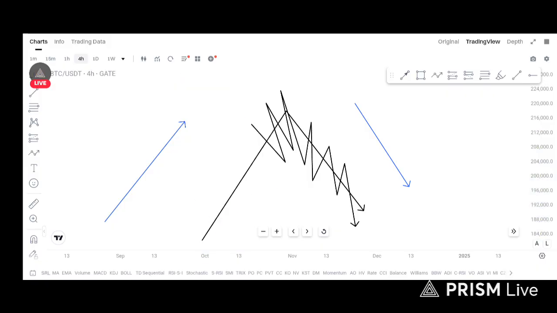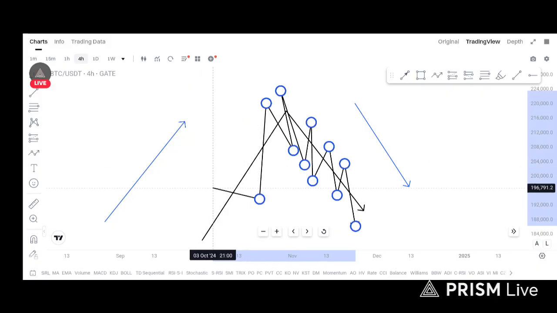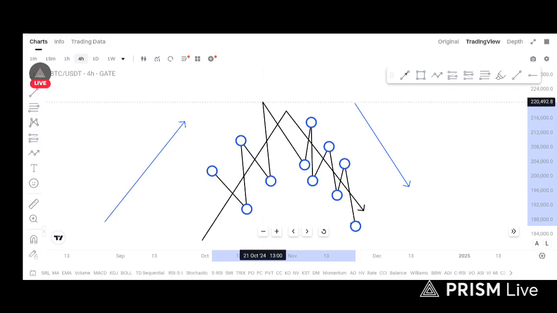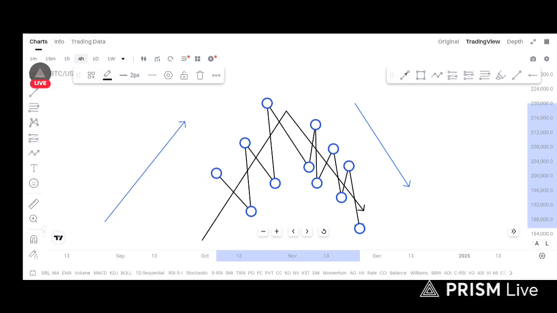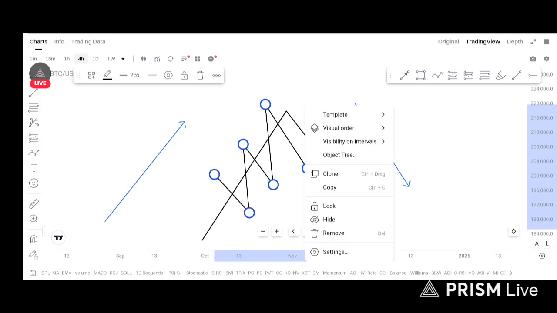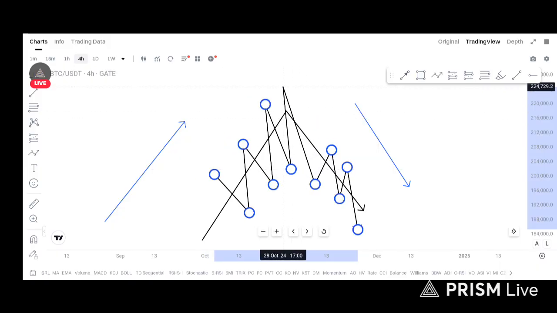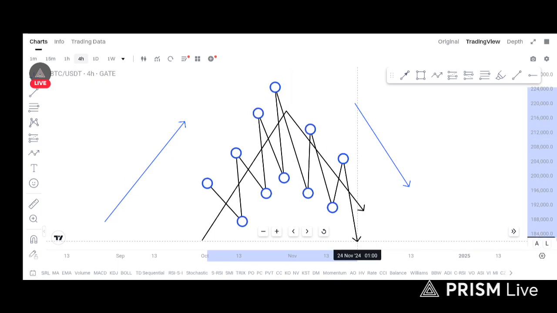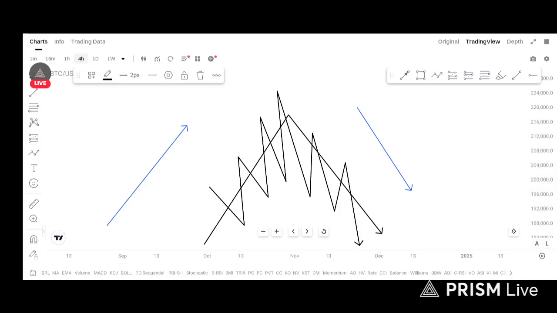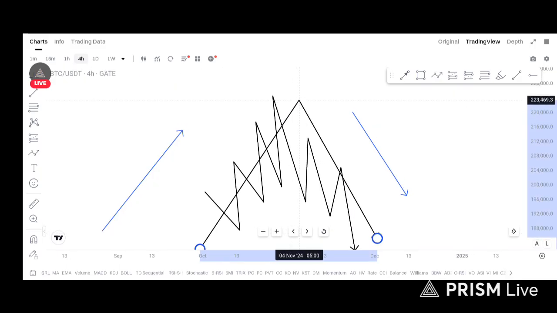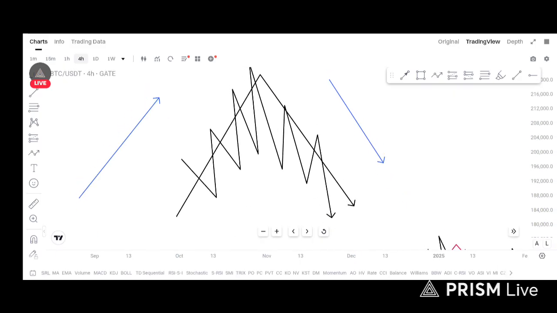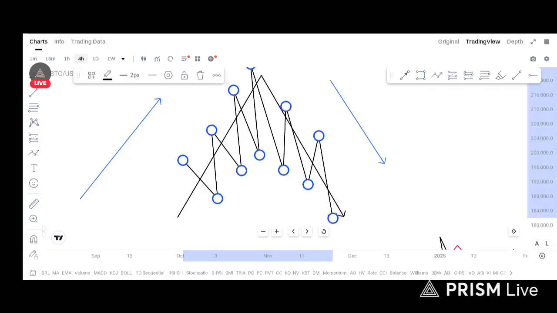Let me delete this. I think this is too much for us. Okay, let's go up a little bit so that everything will be very clear to us.